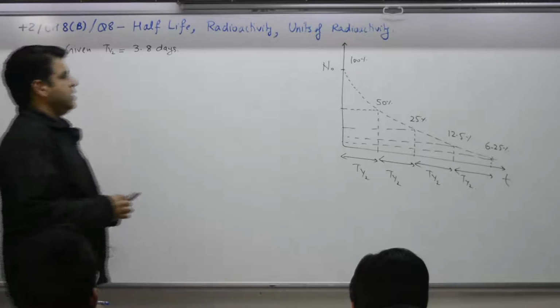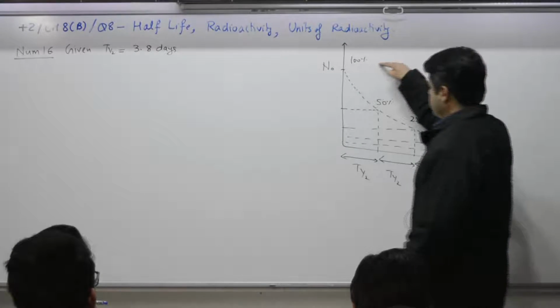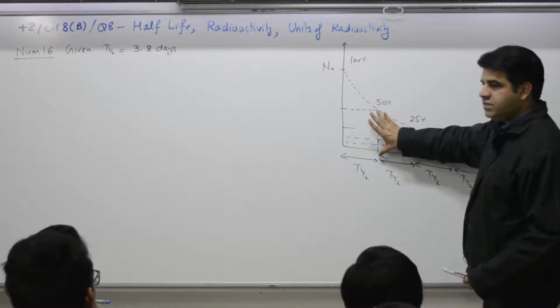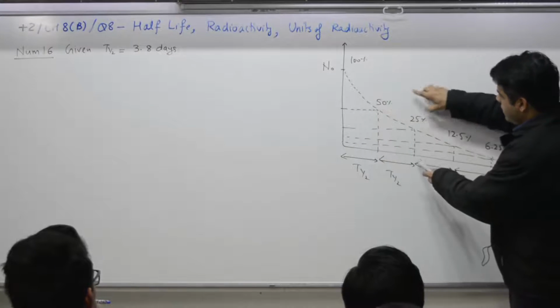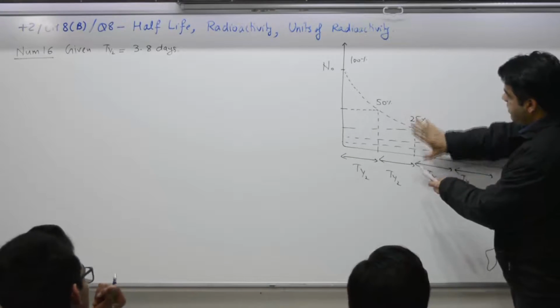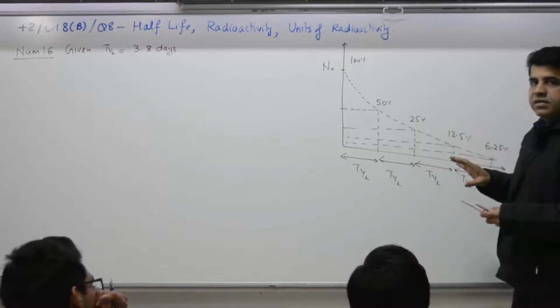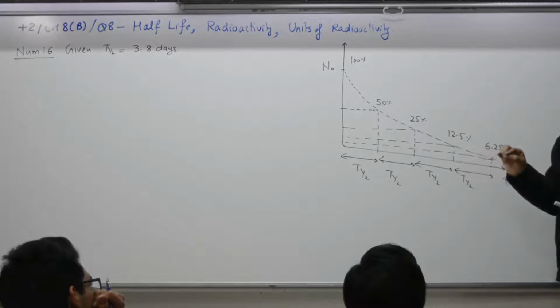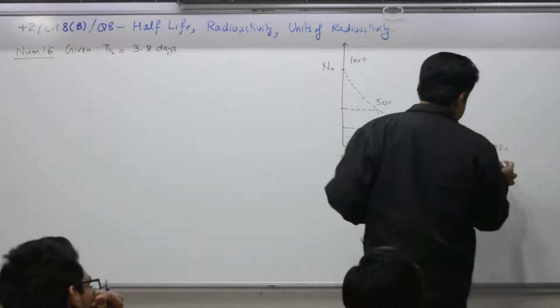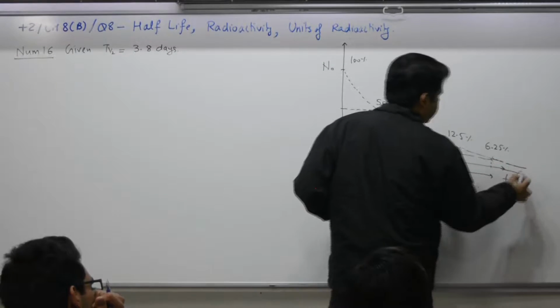Say, after one half-life, 50% die and the remaining population is 50%. After two half-lives, what percentage is dead? 75 and 25 is live. Here the question is 19 by 20, which means what percentage? 95%. That means somewhere here.